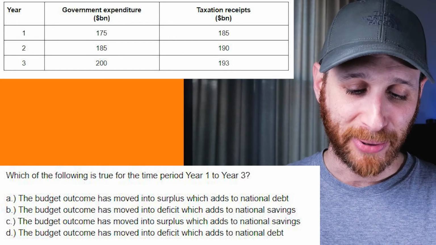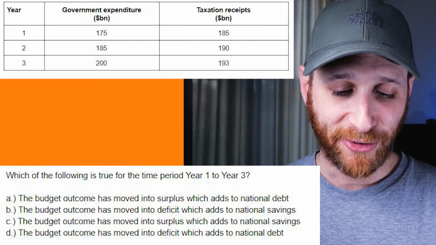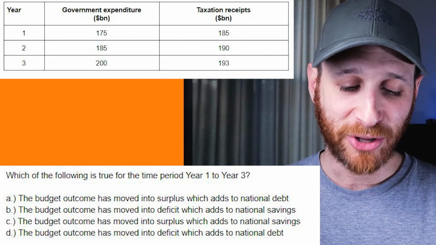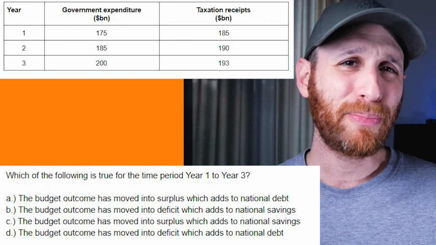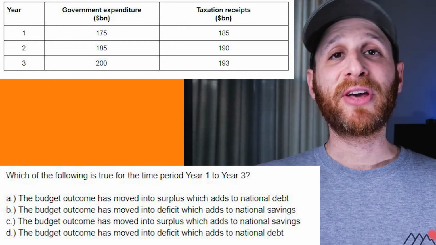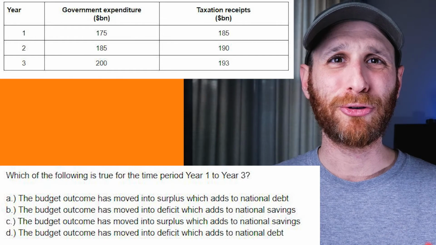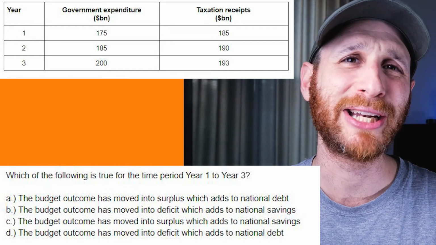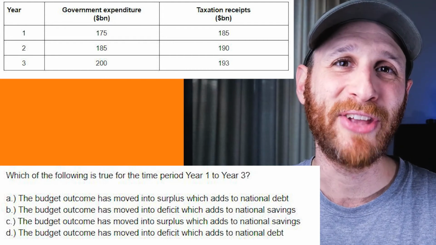So it says the budget outcome has moved into deficit, which either adds to national savings or adds to national debt. If we think about it, if the budget is in deficit, the government is spending more money than it earns, so therefore it needs to borrow money to fill that gap. If the government borrows money, that's going to add to debt.